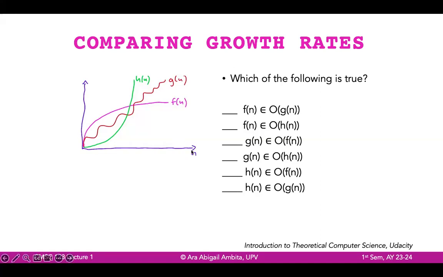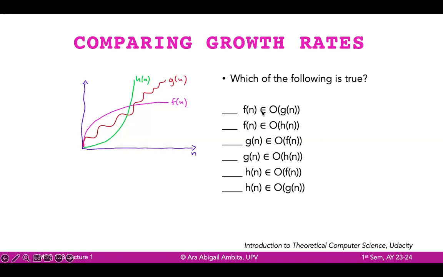Because as you can see, even if we increase the n more, it essentially just remains constant. Pero yung h of n at saka yung g of n, they constantly grow bigger, or yung running time nila lumalaki. Okay?